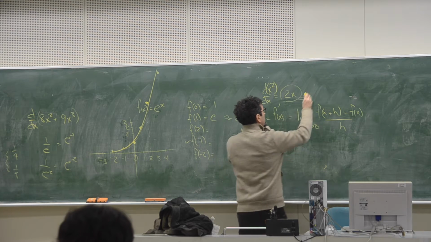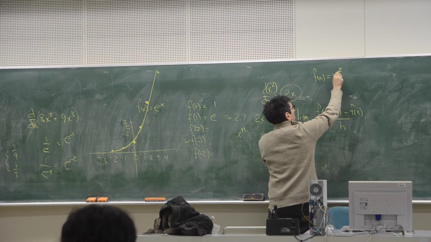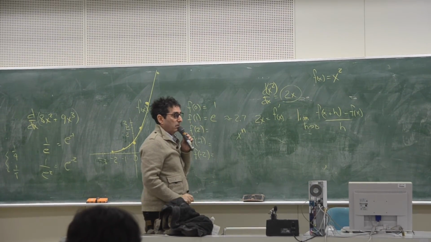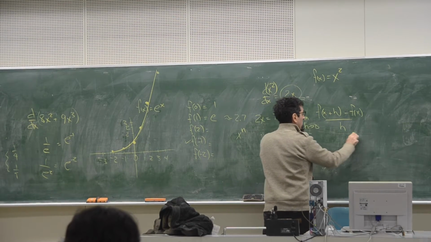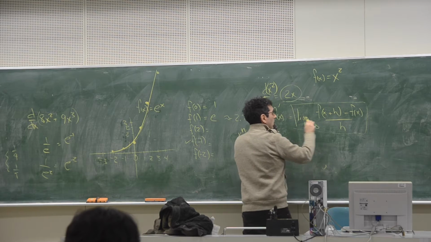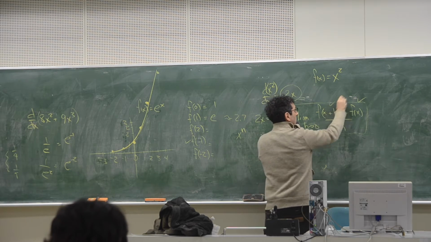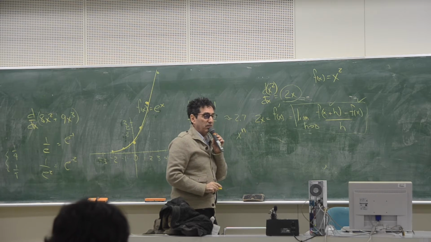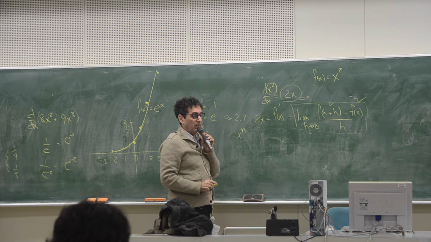So the function that we're talking about, that we're checking, is this function, x squared. So that's f of x. Now, this formula here requires us to know f of x, but it also requires us to know f of x plus h. That's another piece that we have to fill in.